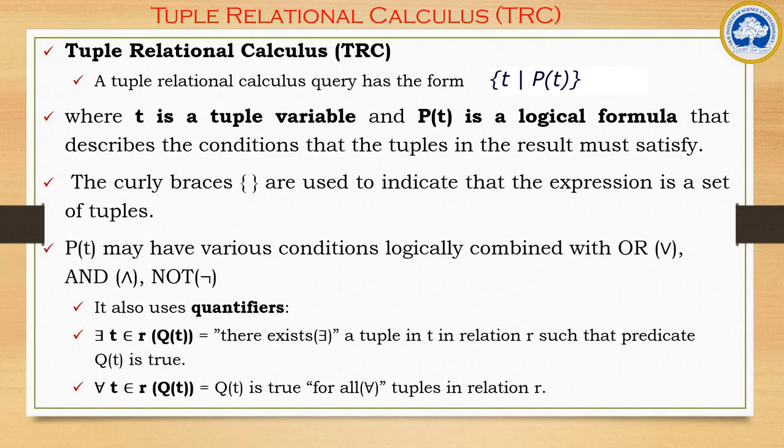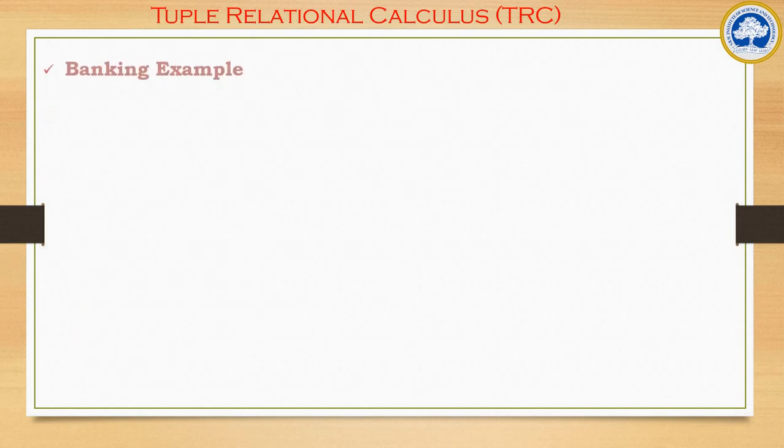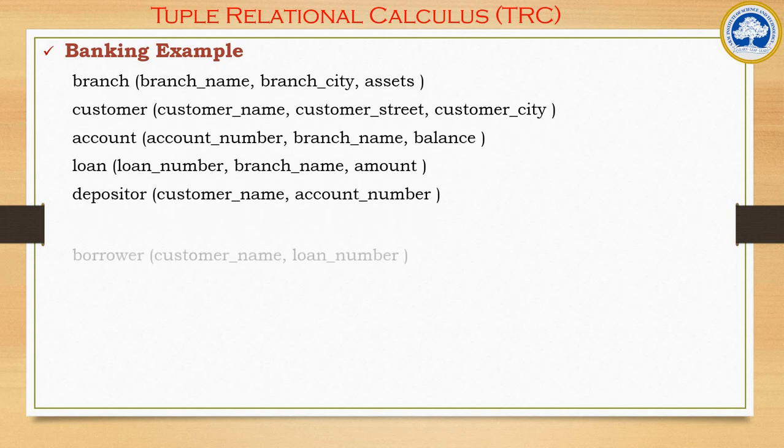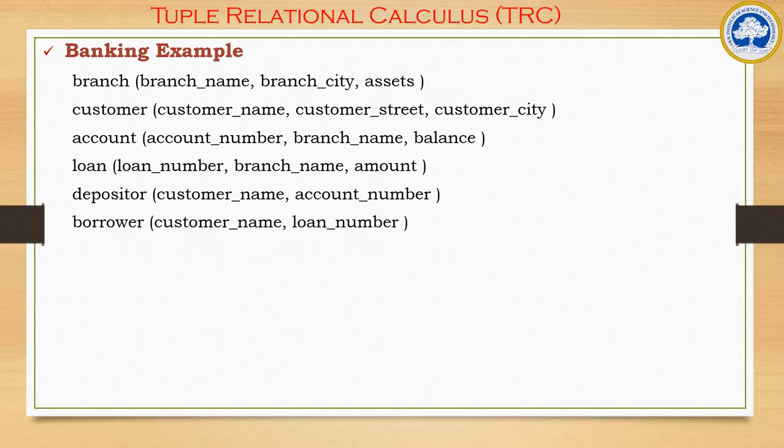Now we will write a query based on an example. We are taking the banking example. Under this banking example we have six tables: branch, customers, account, loan, depositors and borrowers, and the attributes available in each table are displayed here.